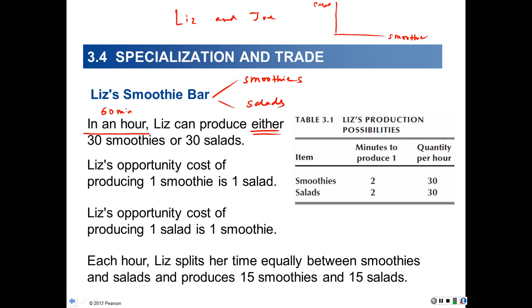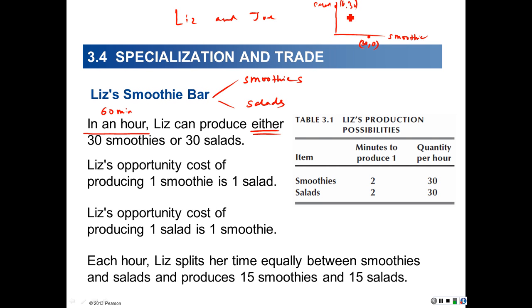Well, she can either produce 30 smoothies and no salads, and that would be a point like this here, which is point 30, 0, right? You always write the x coordinate first. And the other extreme would be 0, 30, which is no smoothies, 30 salads. So we have the two endpoints of her PPF.